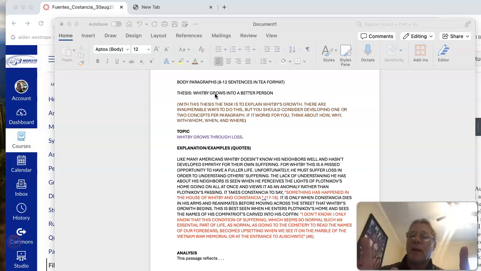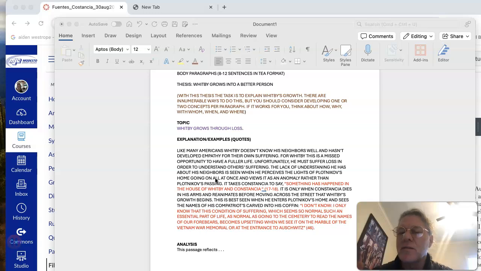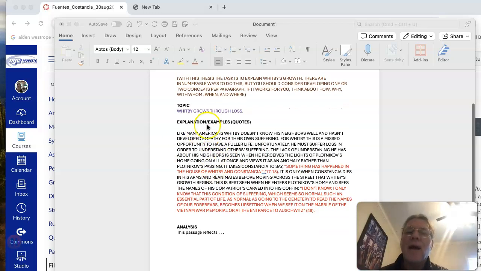All right, so again, to slow down a little bit, we have an overall structure and a body paragraph of TEA format, and we're going to shoot for 8 to 12 sentences. The topic sentence is only going to be one, right? Then the rest of the paragraph, the next 11 sentences, if you will, or 12 or whatever it's going to be, about half of that will be with the explanation and the examples.